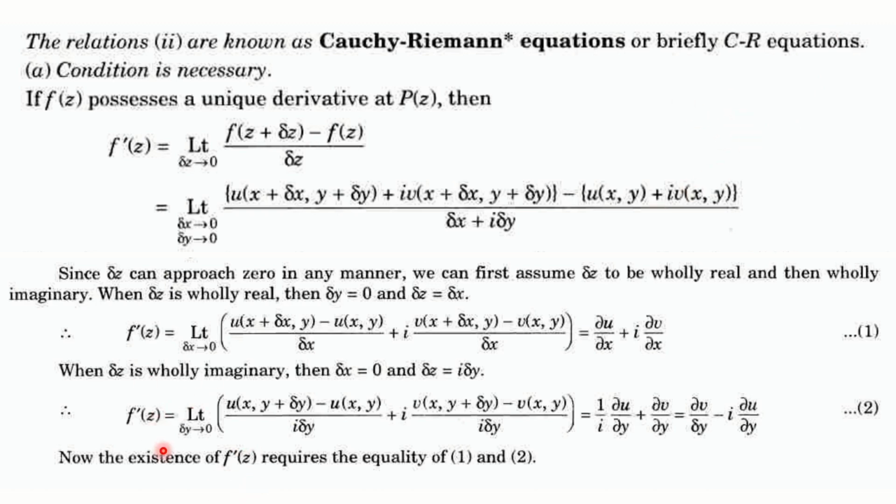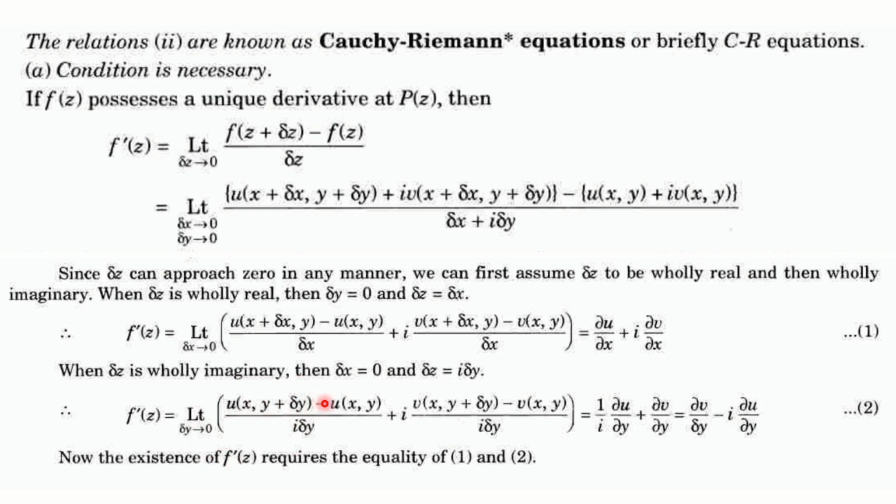Now my second condition is when delta z is wholly imaginary, delta x would be 0, because if it is wholly imaginary, the real part would be 0. So my delta z would just be i delta y, or iota. So f dash of z would be the limit as delta y tends to 0 of u of x comma y plus delta y.